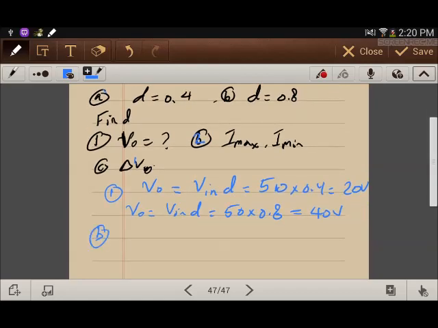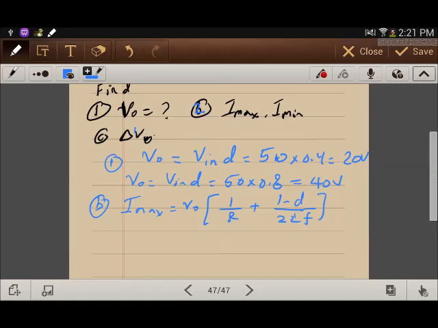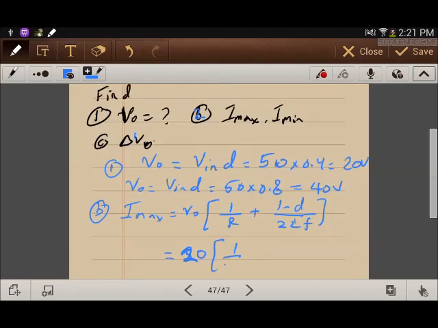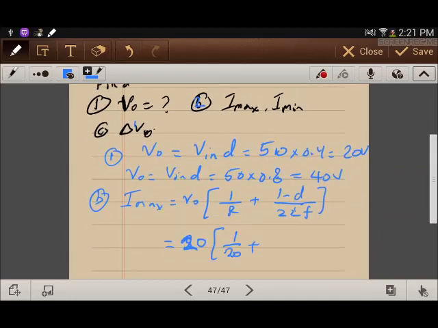For B, to find the maximum and minimum current, we know that the maximum current is the output voltage multiplied by 1 over R plus 1 minus D over 2L multiplied by F. So for the first one, it's 20 volts multiplied by 1 over the resistance, which is 20 ohms, plus 1 minus 0.4 over 2 multiplied by 400 multiplied by 20 multiplied by 10 to the power minus 3, since we have here kilo and here micro, so the remaining is 10 to the power minus 3.